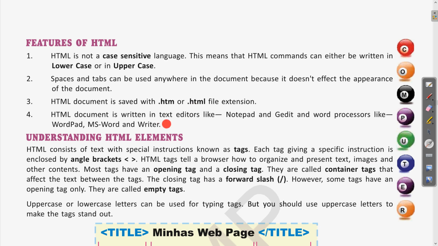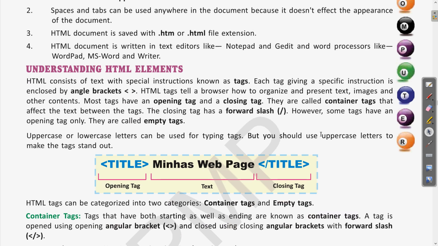The text editors used for writing HTML documents are Notepad and gedit. According to the operating system we are using, there are some text editors provided with the software, and we can use those. Also there are various third-party applications which can be installed on the computer, and we can write the HTML program there. Today we are going to see the different elements of the HTML programming language.